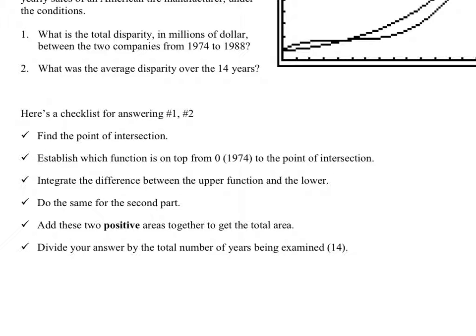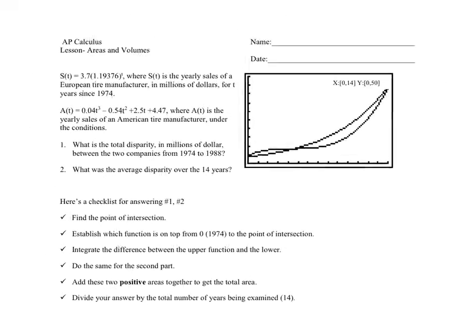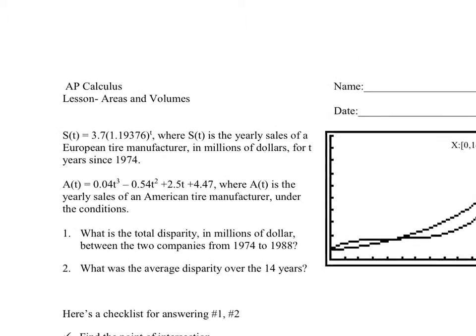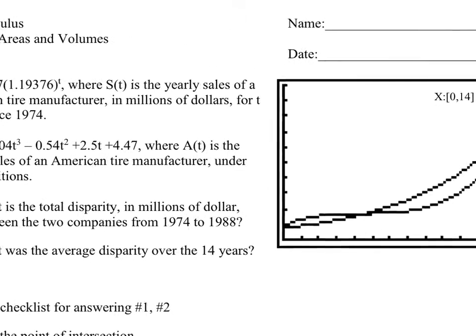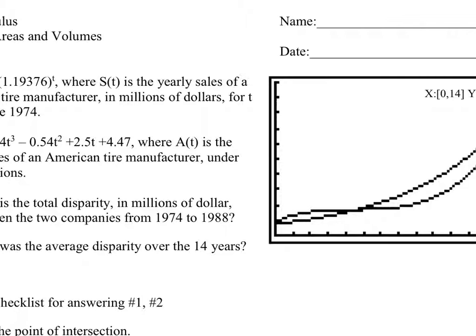All right, so for this question, we see that we have two not so neighborly looking functions. Obviously something that we probably don't want to do by hand. So I'm going to create this graph. The window is given to us. I'm going to reproduce it on a calculator and then find the intersection using the calculate tool.